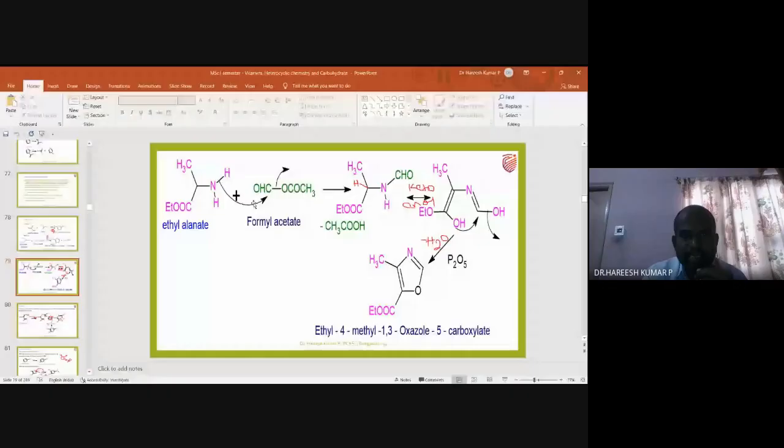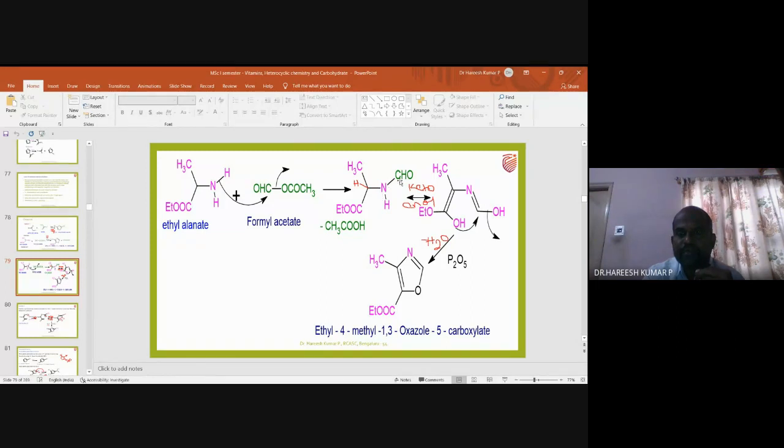Okay, let me present again. Here there will be a new bond formation between this nitrogen and this carbon. The acetoxy group is going out. Then N-formyl is obtained.